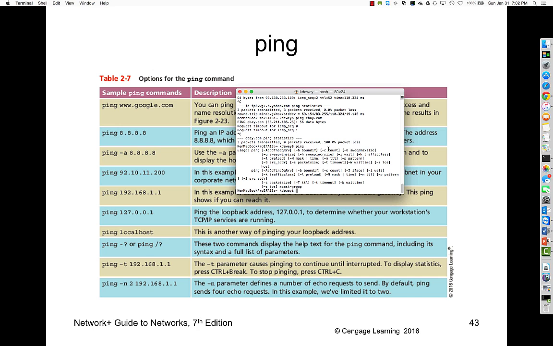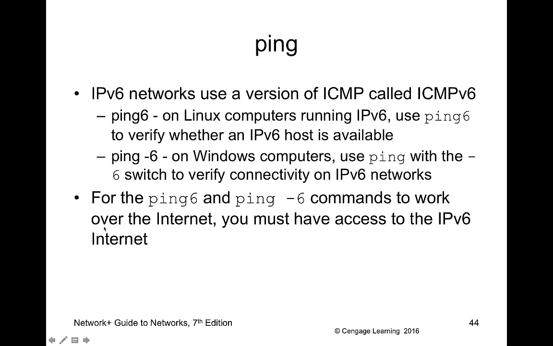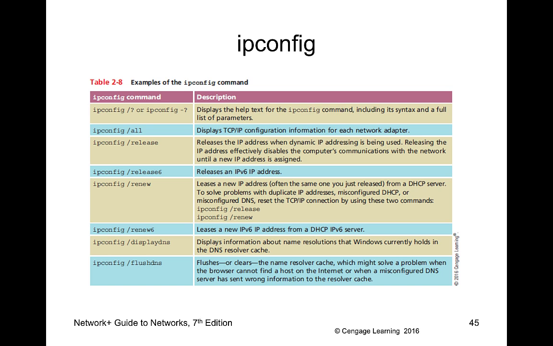Okay, we're gonna find it. Sleep, size, G, L, the preload. Yeah, I guess that's it. Okay, the L right there. The preload is the actual size of it. So you could send a larger packet. Okay. All right, ping works on IPv6 as well. It's called ping 6. Same kind of thing, but you can ping an IPv6 address.